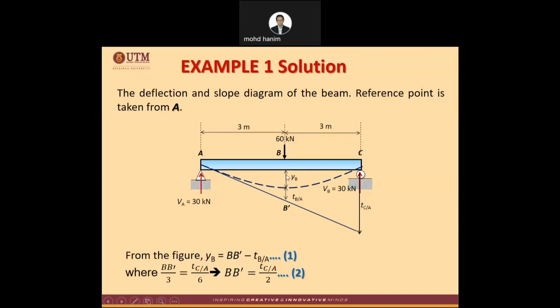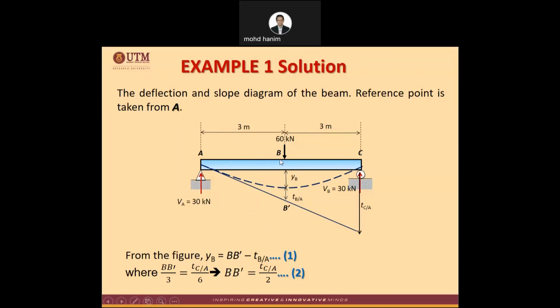And from this figure also, because these are similar triangles, BB dash divided by 3 equals TCA divided by 6. This is trigonometry.